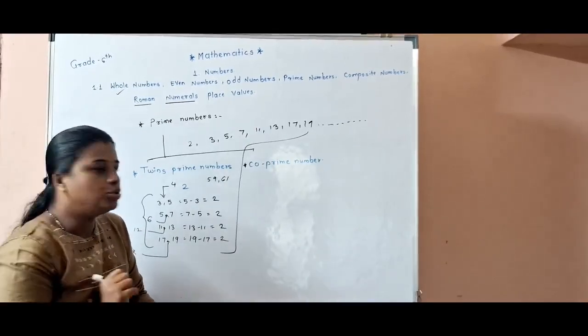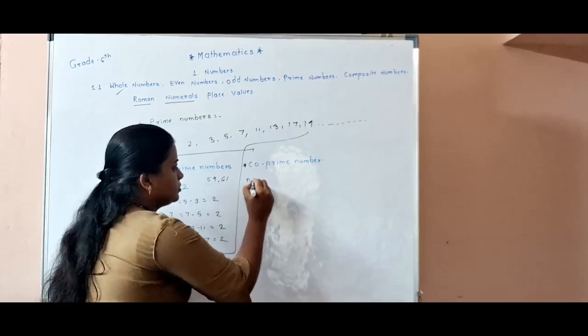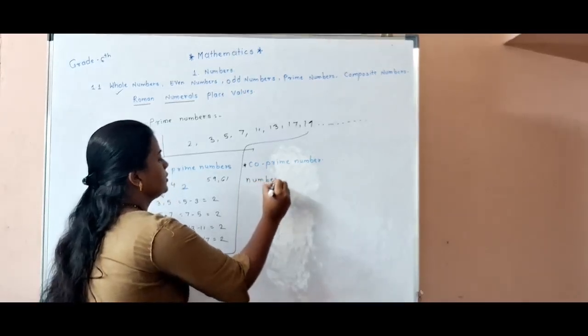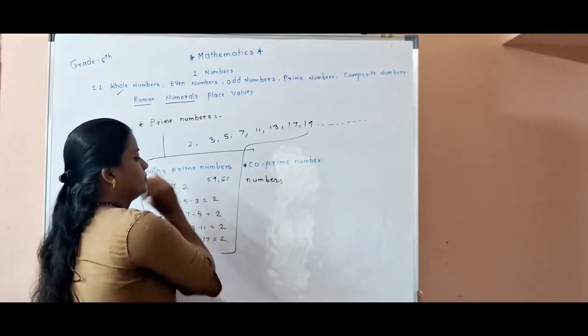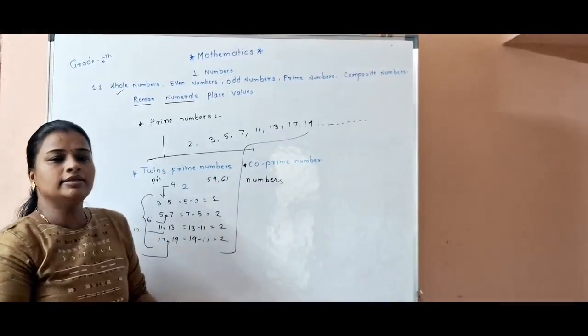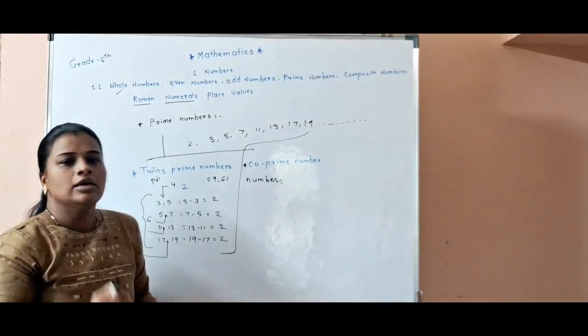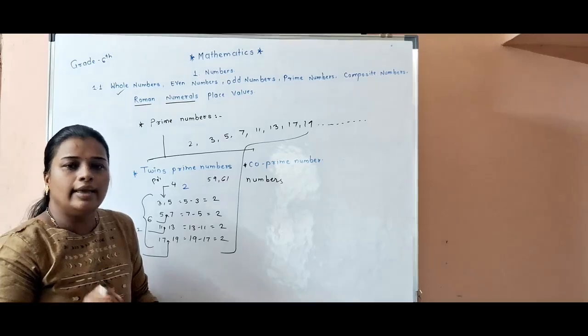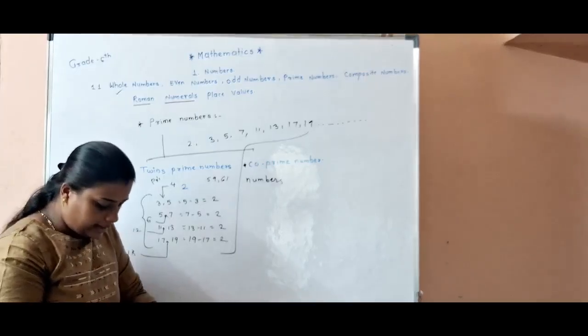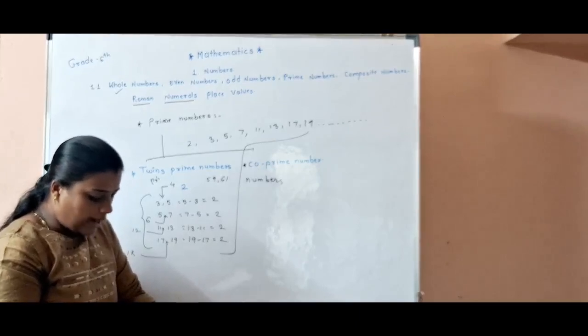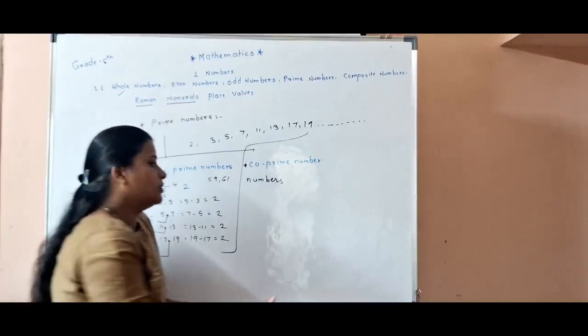They are simple numbers, whereas earlier it was prime numbers. So co-prime numbers are the numbers which do not have any common factor between them.